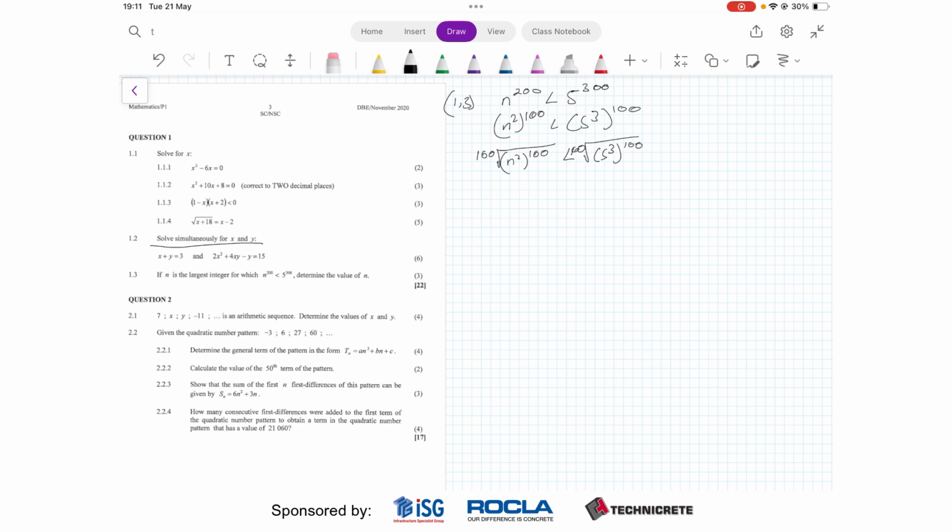That leaves us with n squared is less than 5 to the power 3, which tells you that n squared is less than 125. And finally, the maximum value of n is 11, when you take the square root of both sides.